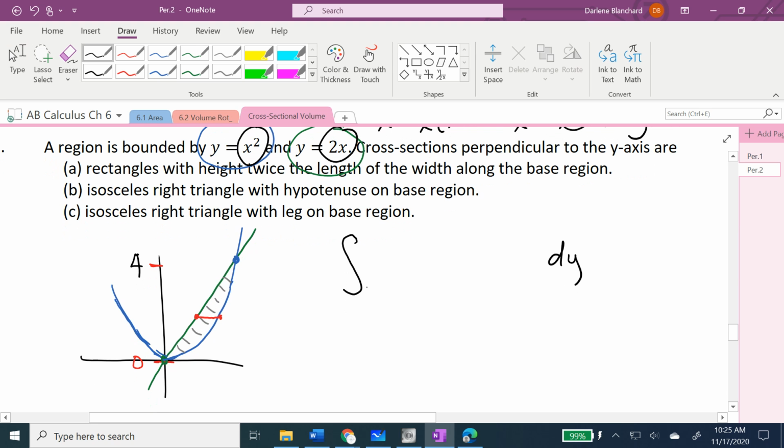So I need to set up my integral to go from y equals 0 to y equals 4. So now I've got a bit going. The next step is area formula.